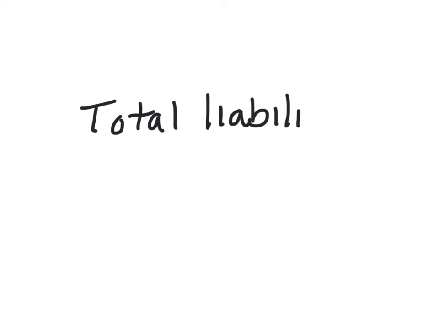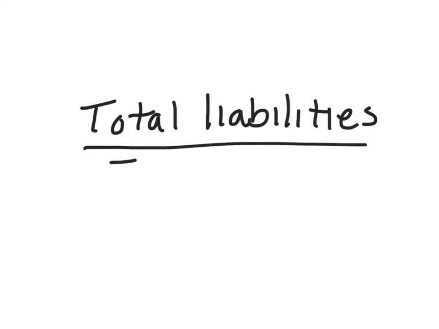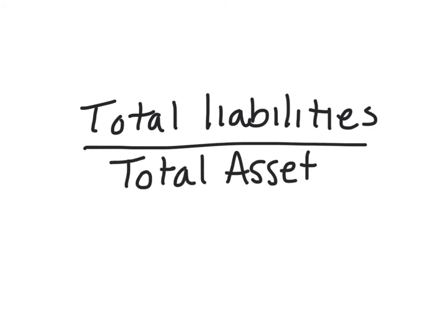Like in our example, taking on that $15 of debt helped us do whatever we wanted to do with our business. So common debt ratios include total liabilities to total assets, and if you remember your accounting, you know that you should be able to find this on the balance sheet. Assets, as well as debt to equity and debt to total assets.